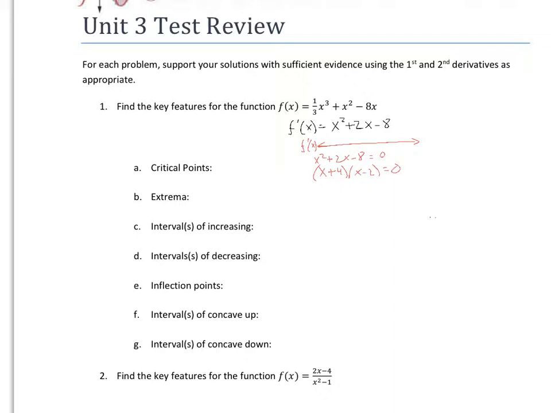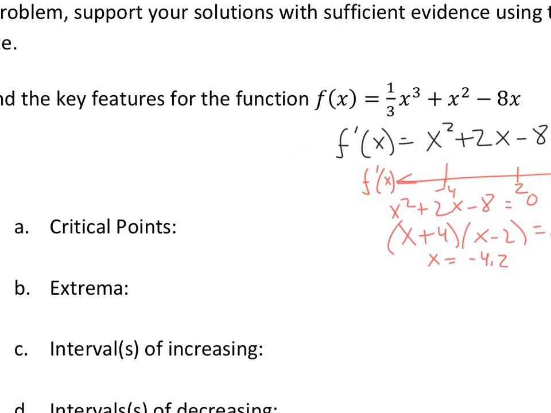And so our zeros are at x equals -4 and 2. So we found our critical values here. And so we've got critical values at x equals -4 and 2. Okay, coming from the first derivative.